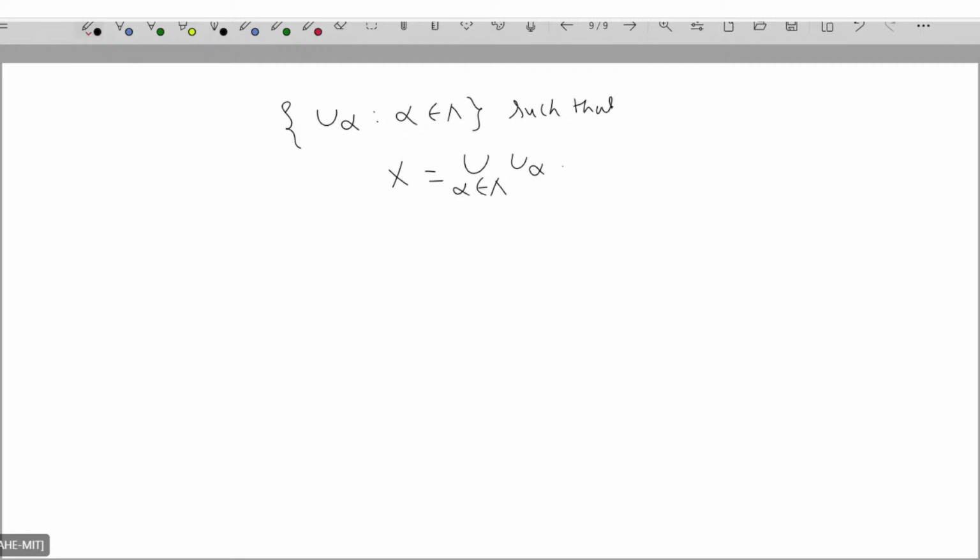So then it is saying that there will exist a finite number of elements U1, U2, ..., UK from this collection {U alpha}, alpha belonging to the index set, such that X is the union over i equals 1 to K of Ui.